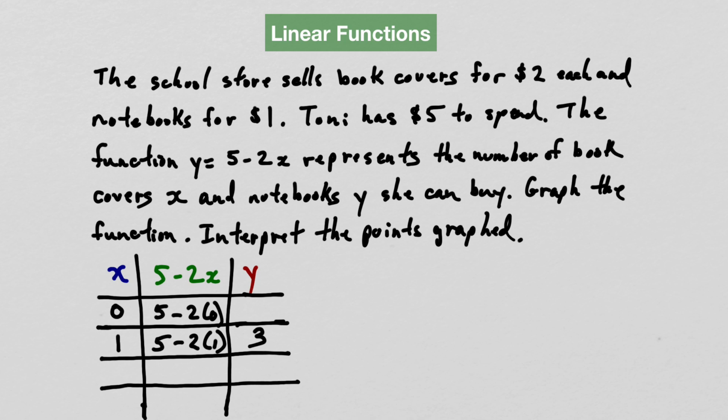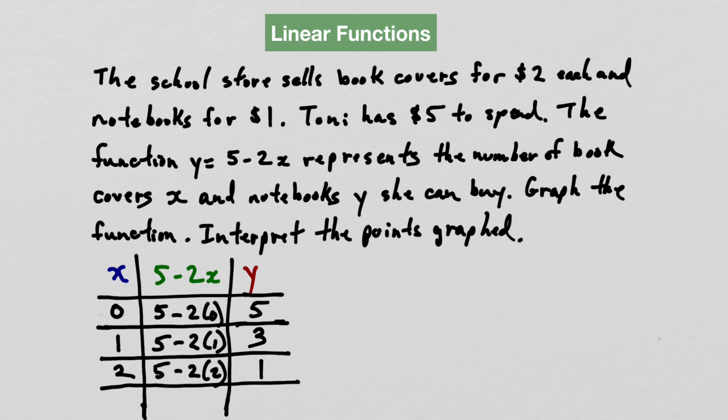So when we buy 0 book covers, we can actually purchase 5 notebooks. Okay, because 5 minus 2 times 0, which is 0, is 5. Now if we buy 2 book covers, we can afford to buy 5 minus 4 is 1 notebook.